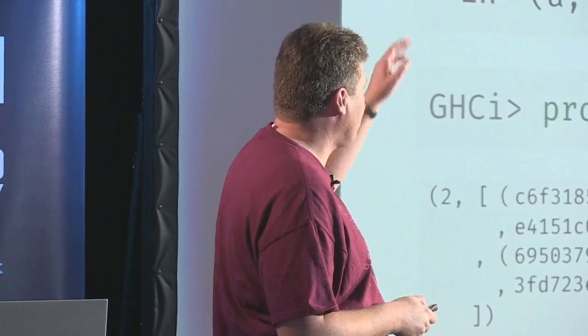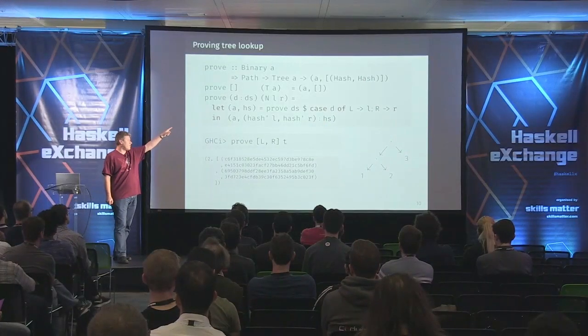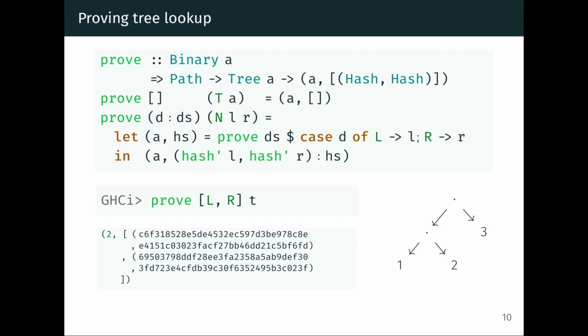Okay, right. So now the prover, so it's supposed to answer this question, return the A, that's at the end of this path, but also return a proof. So in the tip case, there is no proof. And in the node case, so it recursively, as before, depending on the value of d, recurses left or right, gets a proof of the recursive call and the answer, and then returns that answer, but prepends the hash prime of the left and the right to the proof it got recursively.